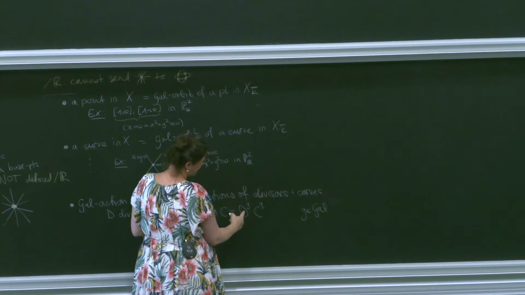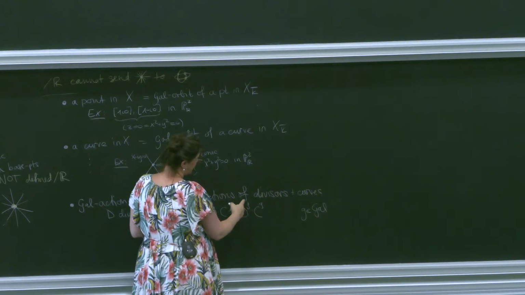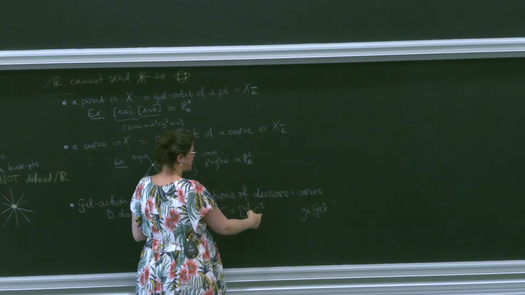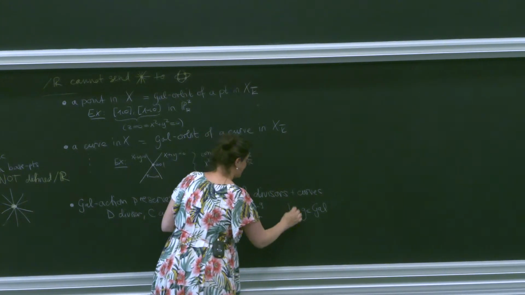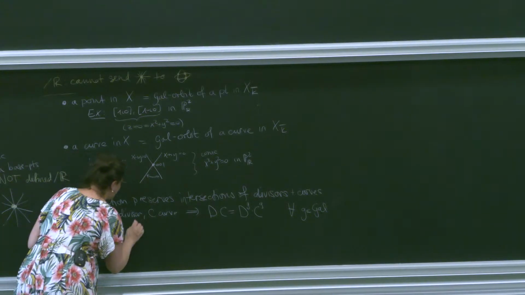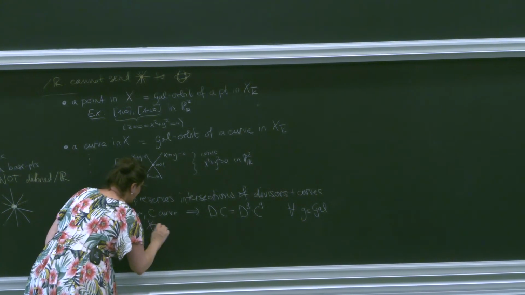So this is the image of D under this element g, and this is the image of C under the element g. Divisor, curve in X_k bar.